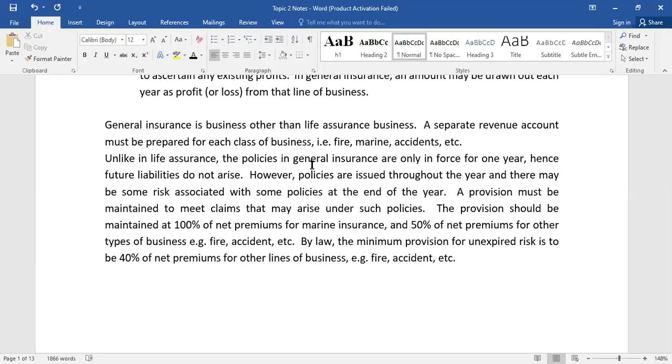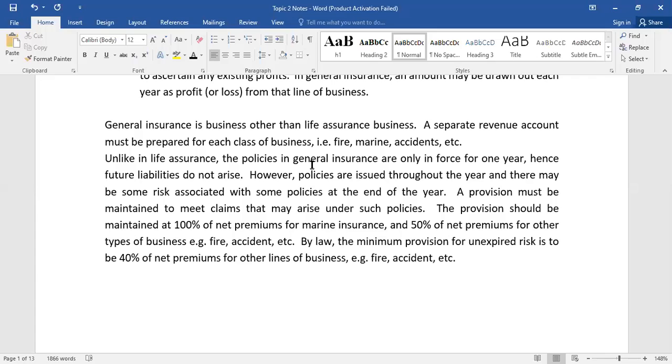We may amalgamate them, but each revenue center is supposed to report their set of accounts to know whether it was profitable or otherwise. Policies are issued throughout the year, like I have indicated. So what you are supposed to know is the provisions. For example, the provision for marine insurance is supposed to be 100%.